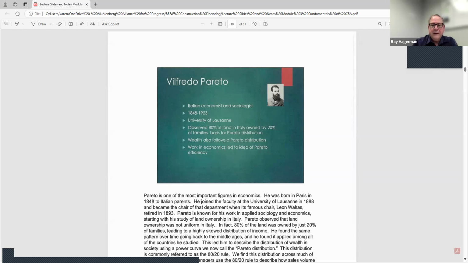So the idea here is he's trying to figure out how we can better distribute income and wealth across a greater number of people. We use this 80-20 rule across a lot of disciplines, but suffice it to say that there is, in fact, a graph that you can use.